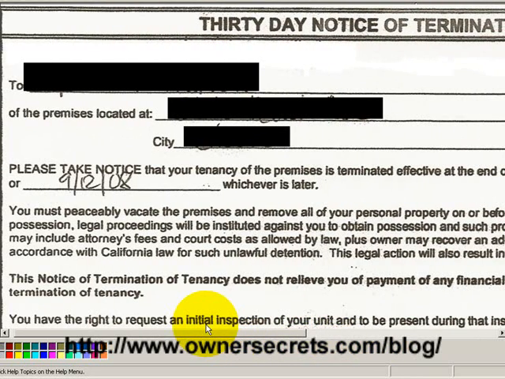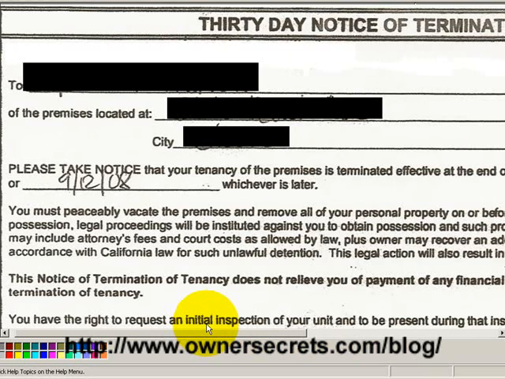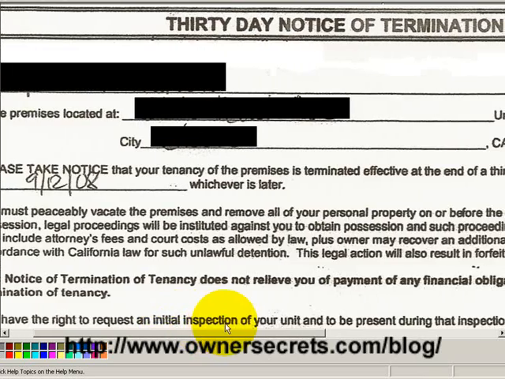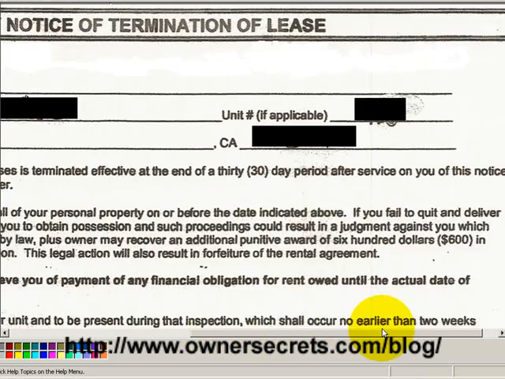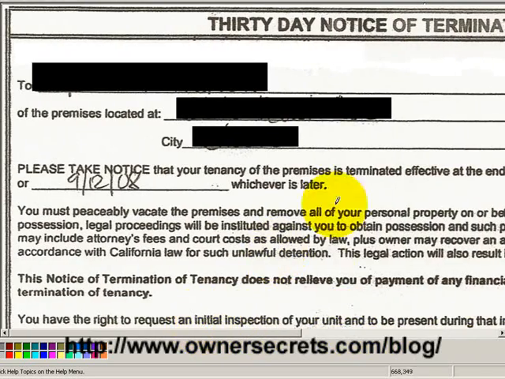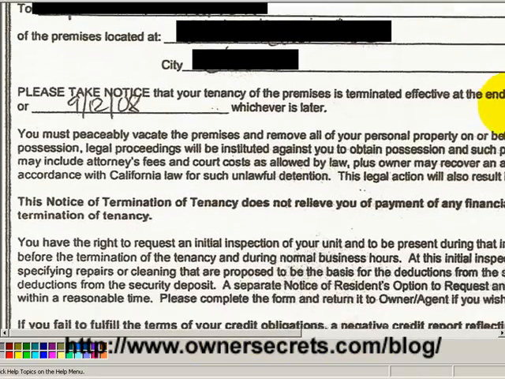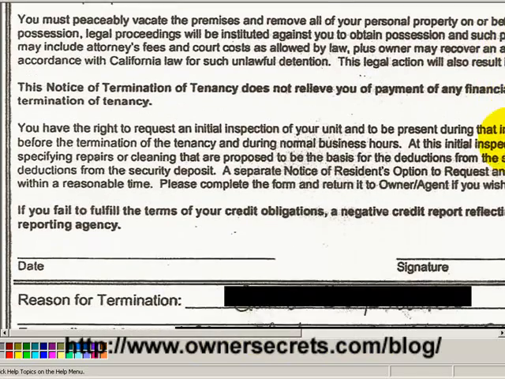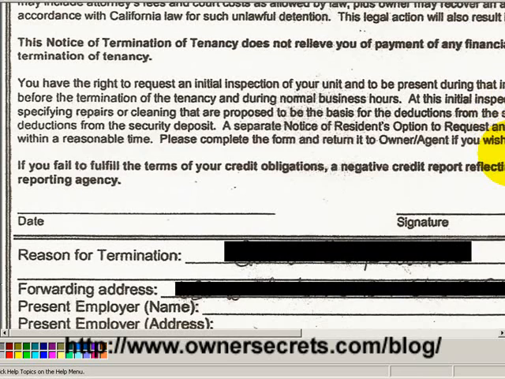And what I'll do is, in the blog, I will go ahead and type this text in so you can just copy and paste it in for your own form, or at least see if your form has it. And this is where the tenant will date and sign it.